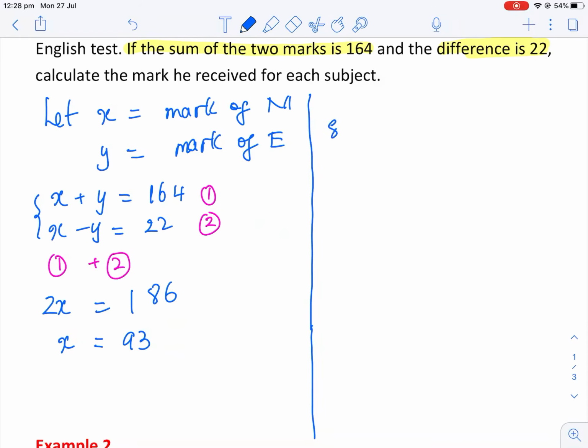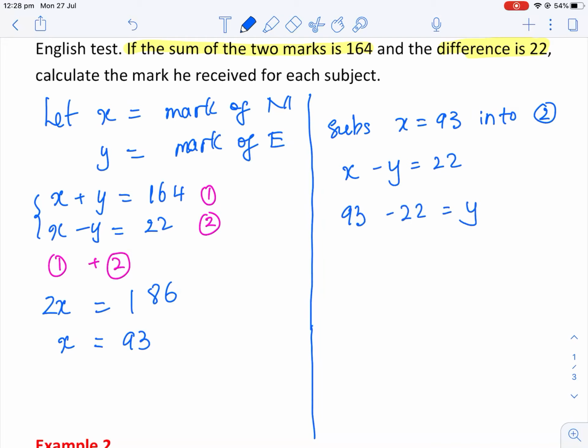So here, I'm going to sub x equals 93 into equation 2. I choose equation 2 for the smaller number. So we have equation 2 is x take away y equals 22, and x is 93, take away 22 equals y. I just move y to this side and 22 to this side. So this one is going to be 71 equals y.